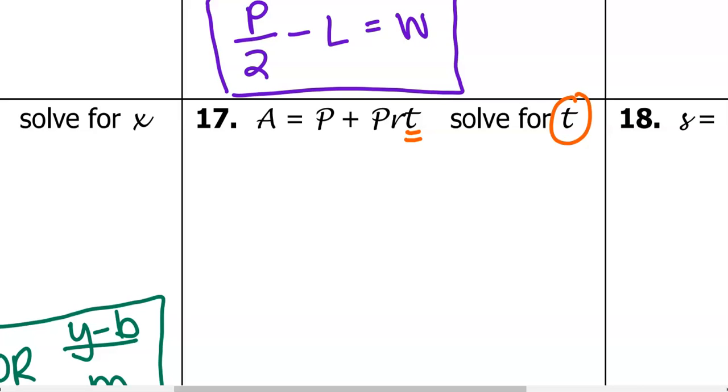Addition, so we're going to have to subtract it. How is the pr attached? Multiply, so how are we going to move it? We're going to have to divide, okay? Always a good idea to take a second and come up with that game plan first. All right, what are we moving? The p by itself. Good. We're going to subtract the p to the other side.